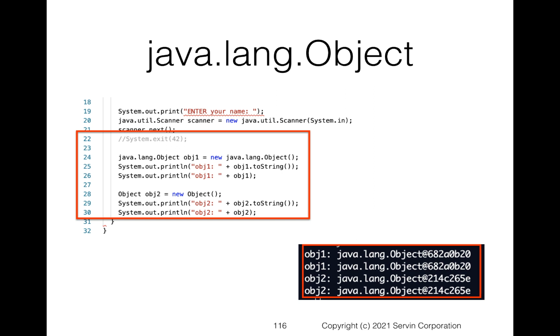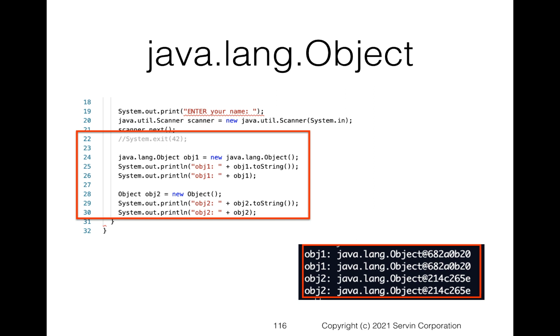At line 25, we call the method toString on that object. Then at line 26, it turns out when a print statement is done, it calls toString automatically. At 25, I wanted to specifically show I was calling toString, but in actual fact, at line 26, the compiler does it for you automatically.